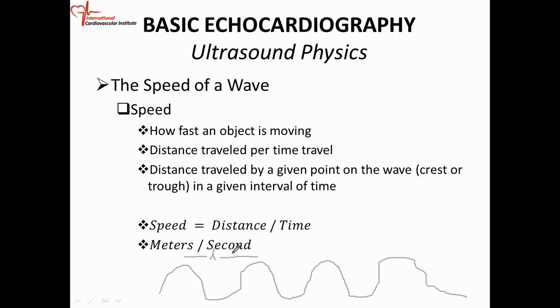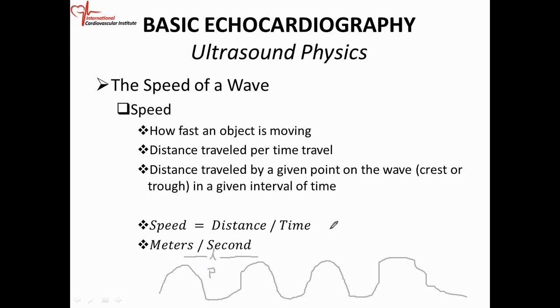We just need to know the time now, the time it's going to take from one crest to the next crest. But we know that too. We have been saying that that's a period. Remember, we said that's a period. The time it takes from one crest to the next crest, that's the definition of period.